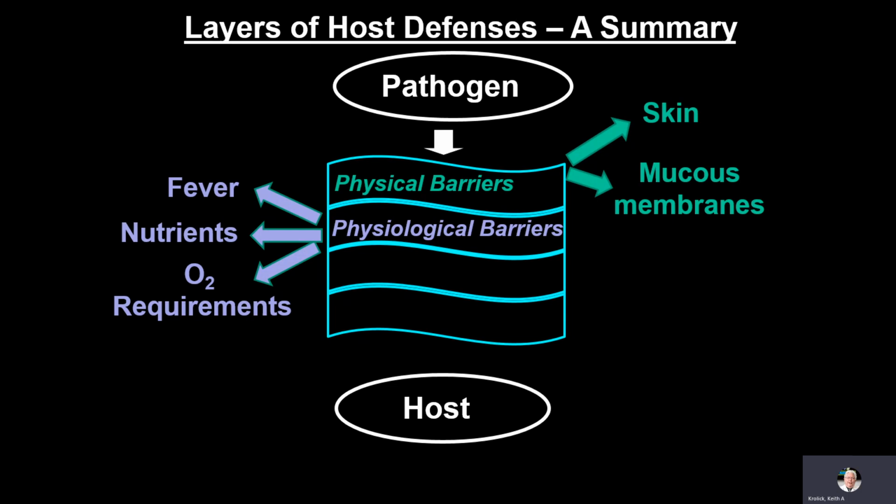The other way that nutrients can alter an infectious progression is a little more gross. The fact is that our bodies are just saturated with different kinds of microorganisms. They don't do us any harm. They're often referred to as commensal organisms, sometimes as the native flora or the natural flora.